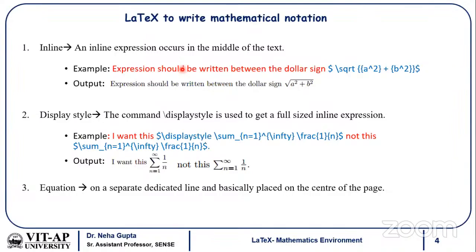The expression should always be written in dollar signs. Suppose between this expression I want to give one variable, and that variable is a. I'll use the dollar symbol, as mentioned here.